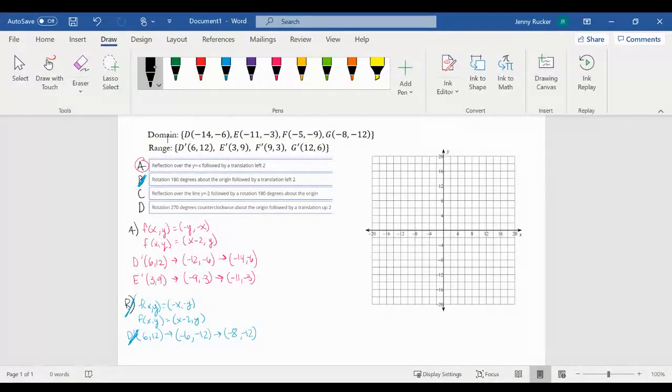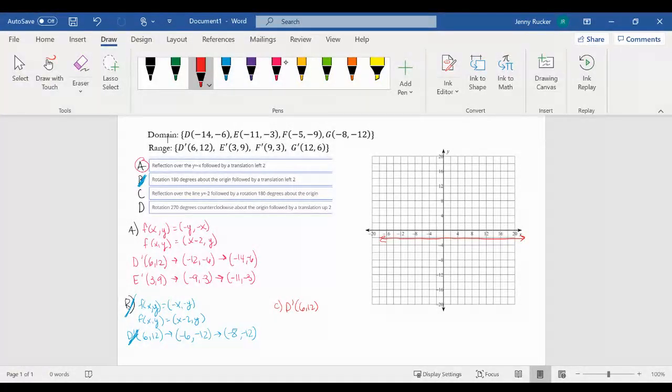Choice C says reflect over the line y equals negative 2. So I'll go ahead and take a look at graphing that line of reflection in the graph, followed by a rotation 180 degrees about the origin. So let's look at point D prime, which is at 6, 12.